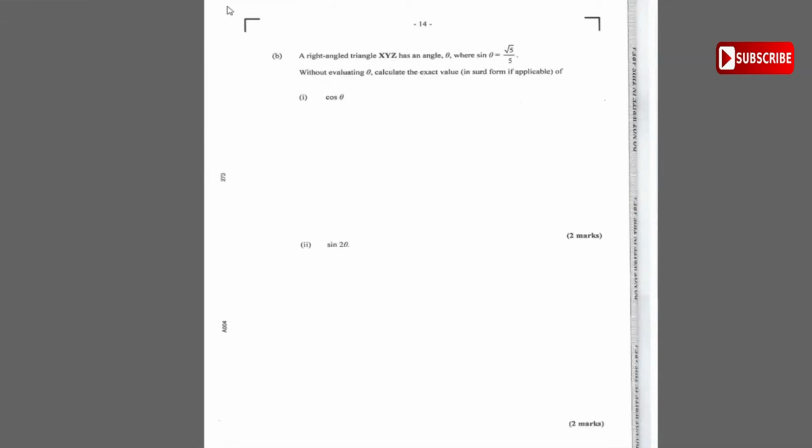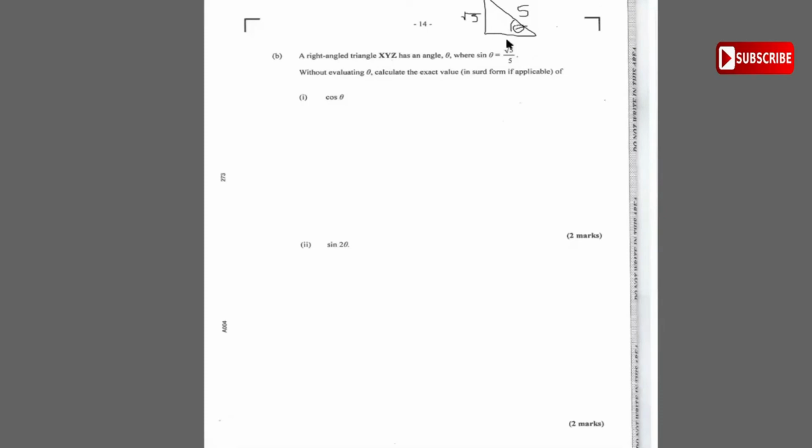Now, let's just go back to trig ratios. If I draw a triangle right up here and put some angle on the triangle, call it theta, what it tells me is sine theta is √5/5. So the opposite is √5, and the hypotenuse is 5. We just need to find the adjacent.